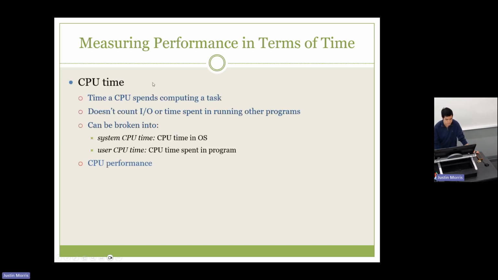We didn't talk about this too much, but I did just want to mention that for our performance in terms of time, what we are concerned with is strictly CPU time. So the time that the program is actually running on the CPU. This CPU time does not count the stalling cycles waiting for inputs or outputs.